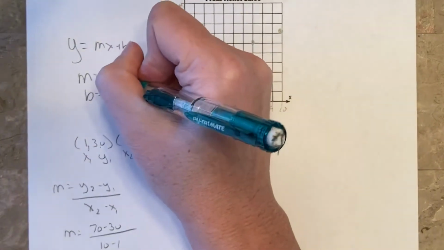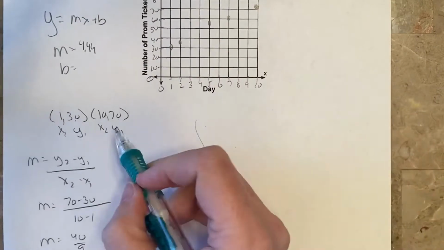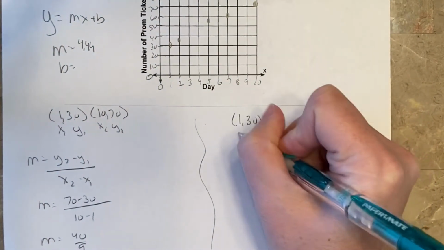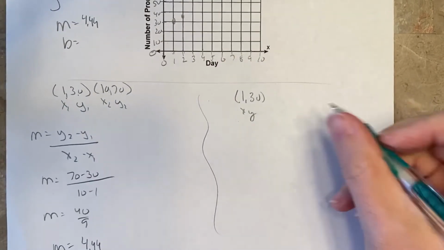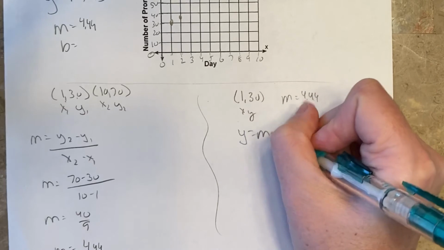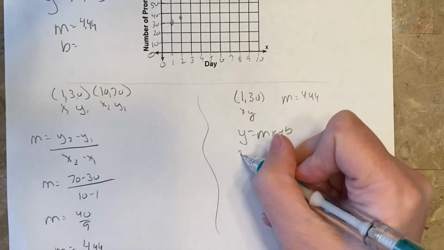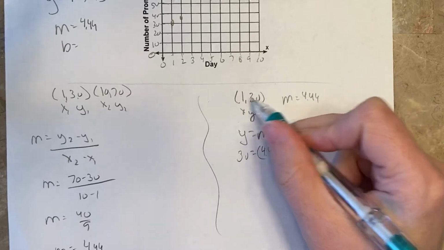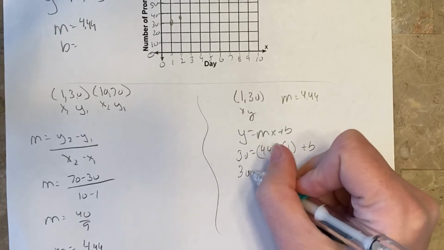All right, so now that we know what our slope is, now we can go ahead and get our y-intercept. So we're going to be consistent and use that first point, and we're going to use our slope of 4.44. So y equals mx plus b. Y is 30. Slope is 4.44. And then you have your x.